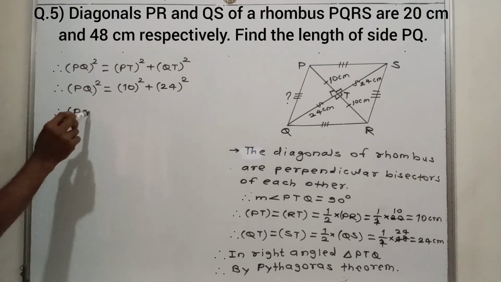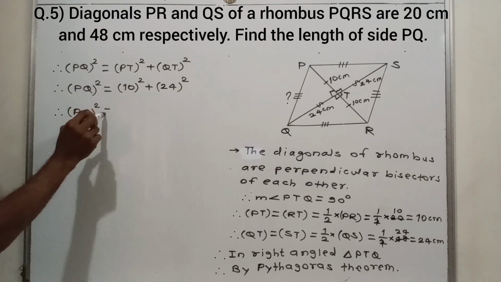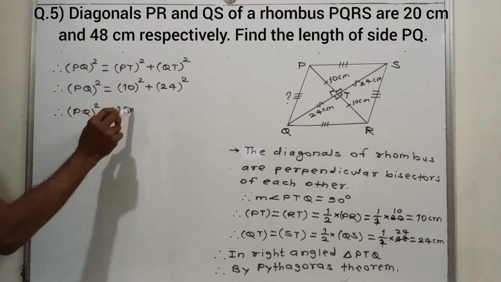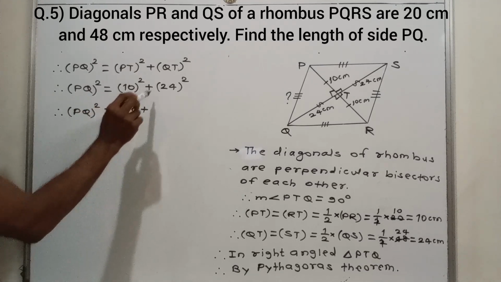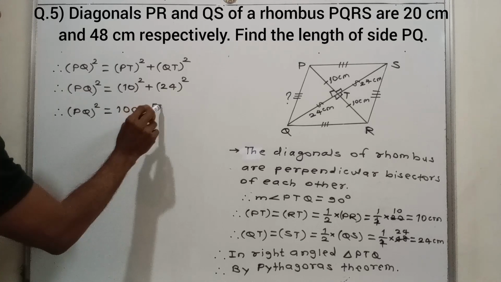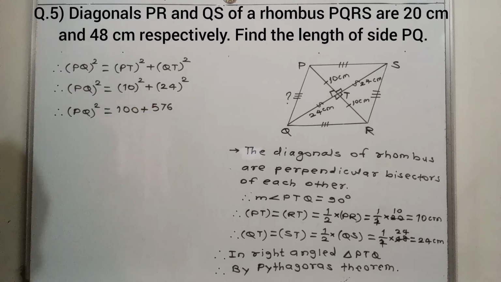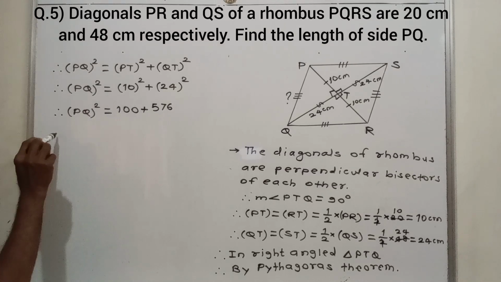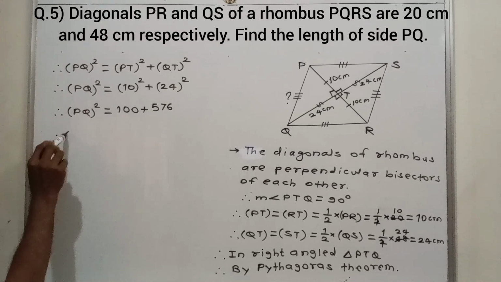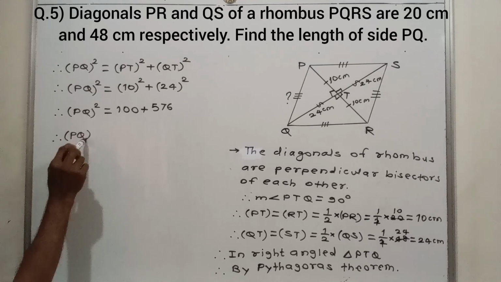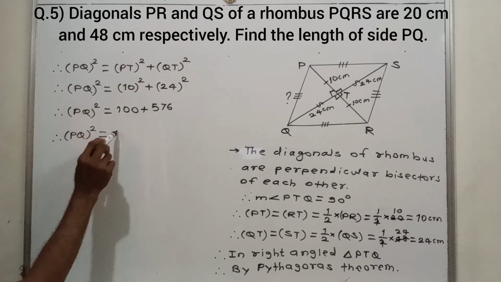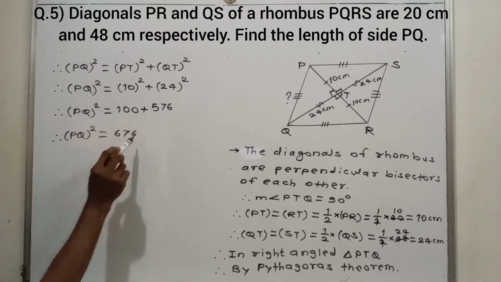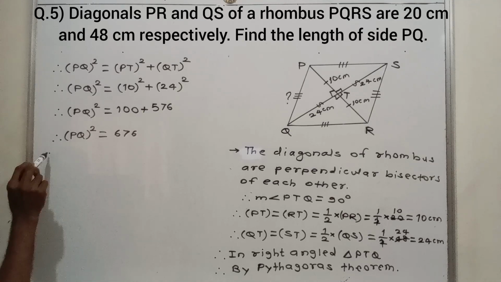Therefore, PQ square is equal to 10 square 100 plus 24 square, that is 576. Addition of these two, PQ square is equal to 676.